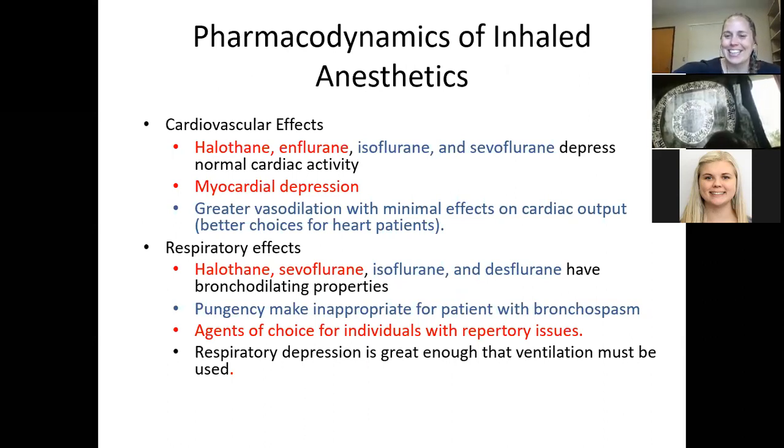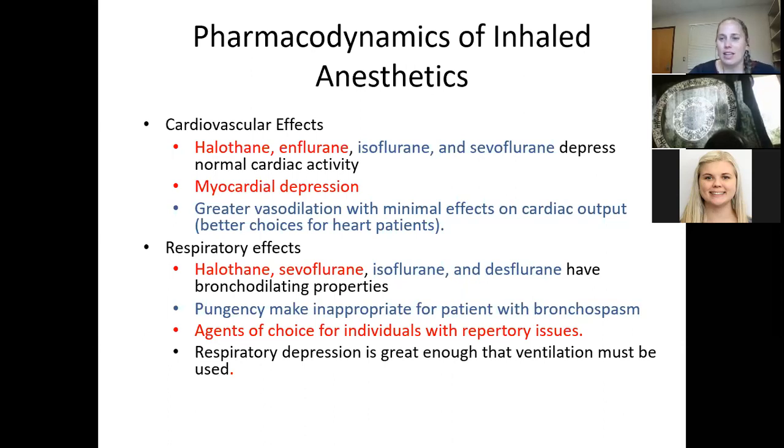I think you hit the right word there, Katie. Irritating. I think the best way to think about it. Yeah, I mean, not like I've been huffing isoflurane, but I've definitely gotten a whiff of it before, and it just kind of takes your breath away, and it can be really irritating to your throat and your respiratory system. So I just think it kind of initiates that reaction of coughing. And so if you have somebody who already has those issues, you don't want to exacerbate them at all.